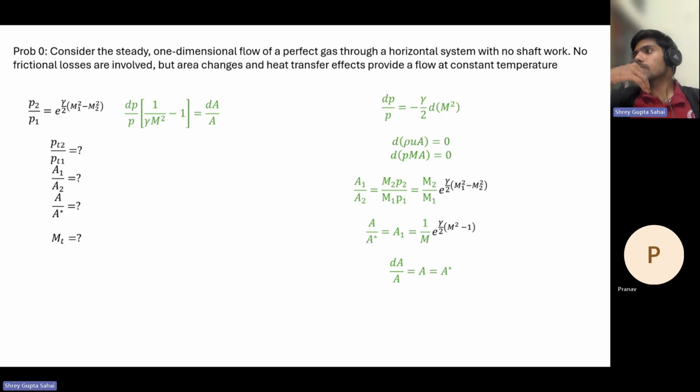You see, A star is a constant because A star denotes a condition which corresponds to sonic condition. So A star is kind of a constant. It won't change. Wait, let me see if this is what they're asking.